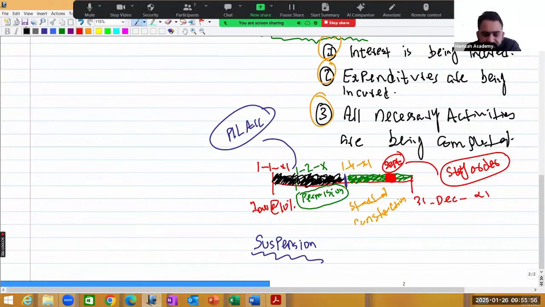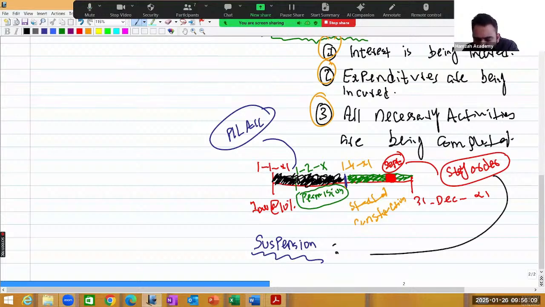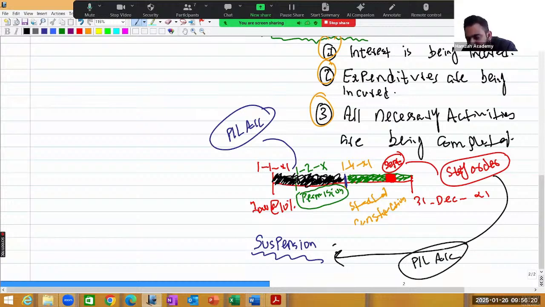If this suspension was not part of the plan, it is an out of the box suspension, then interest cost during that period will also be recorded in the profit and loss account.